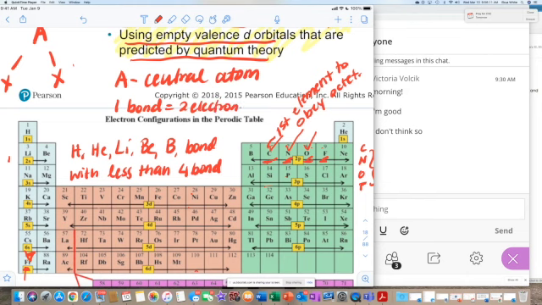So when these are done bonding, if they bond with less than 4 bonds, that means they have less than an octet of electrons. When they have formed bonds in a compound, they end up having less than an octet of electrons. Why? Because they are just not able to form 4 bonds. They're not able to be surrounded by 8 electrons.